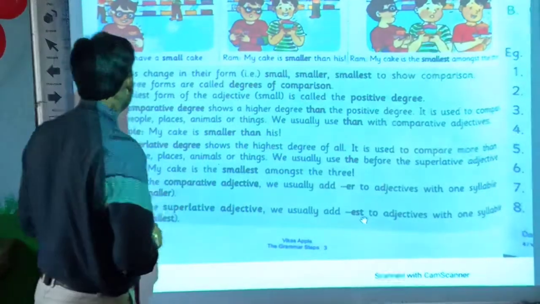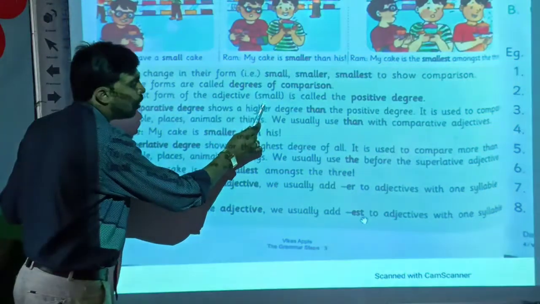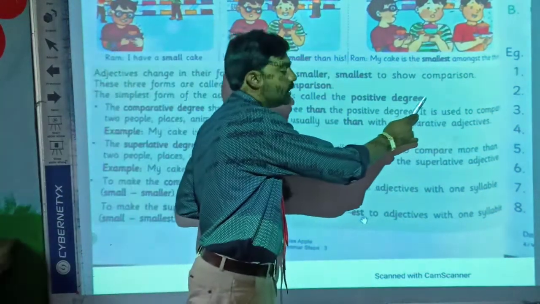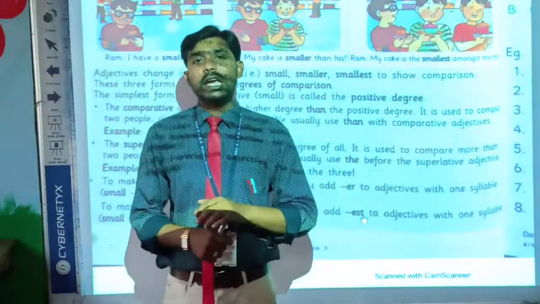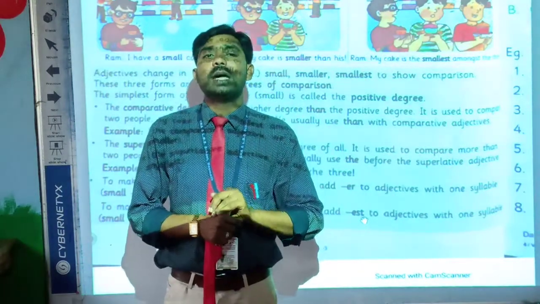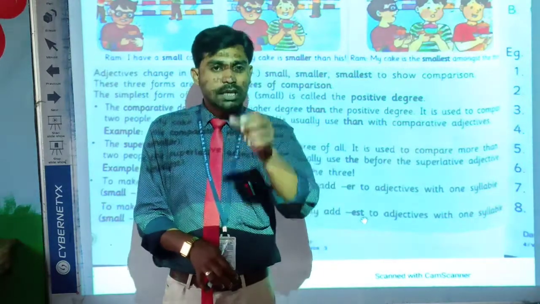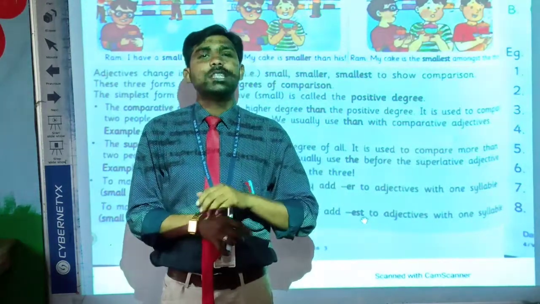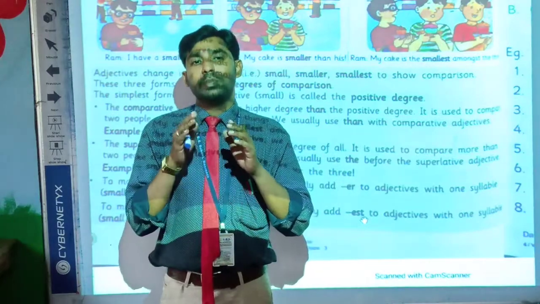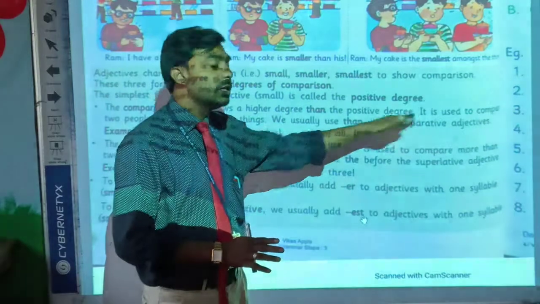Then the simplest form of the adjective small is called the positive degree. Meaning, if we use any adjective as it is in a sentence, that is the simplest, base form of that adjective, and it is known as the positive degree.